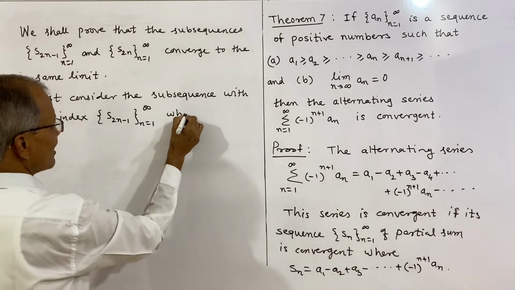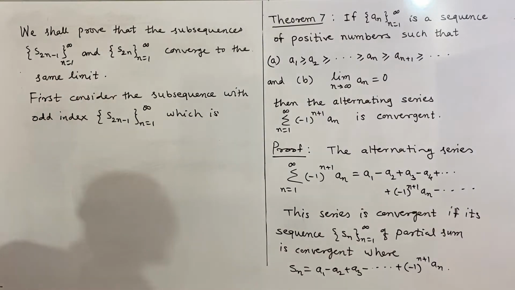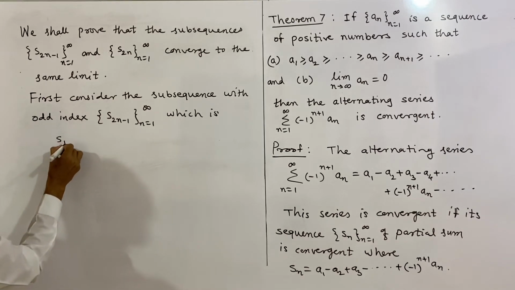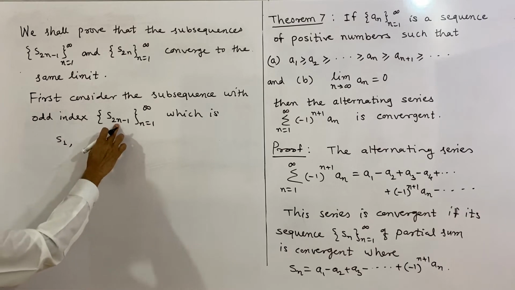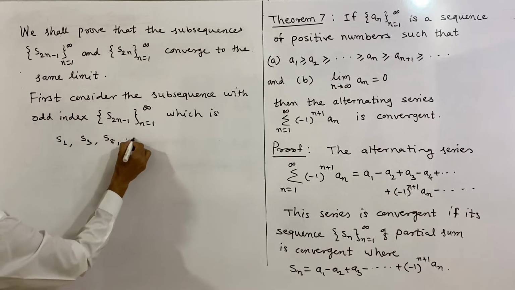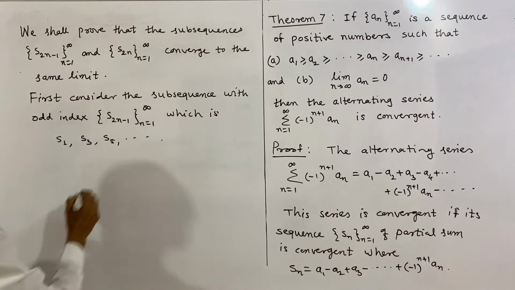Now we can see easily what the terms of this subsequence will be. For n is 1, the term is S1. For n is 2, this is 2 into 2 minus 1, which means S3, and S5 and so on. So this is the subsequence.